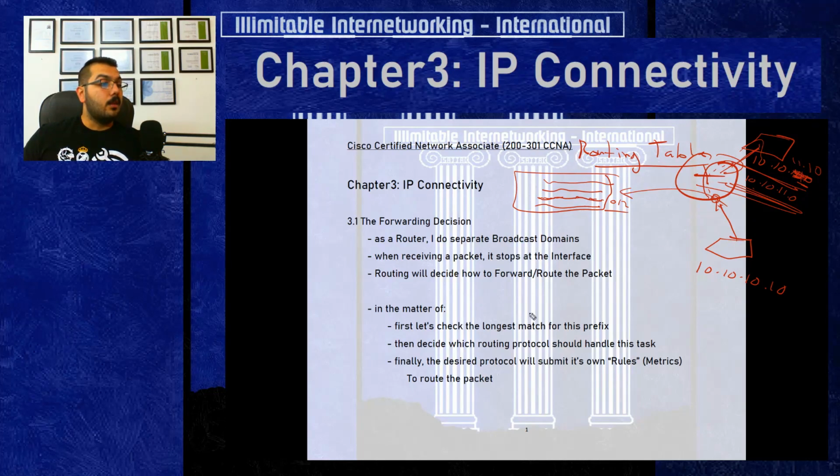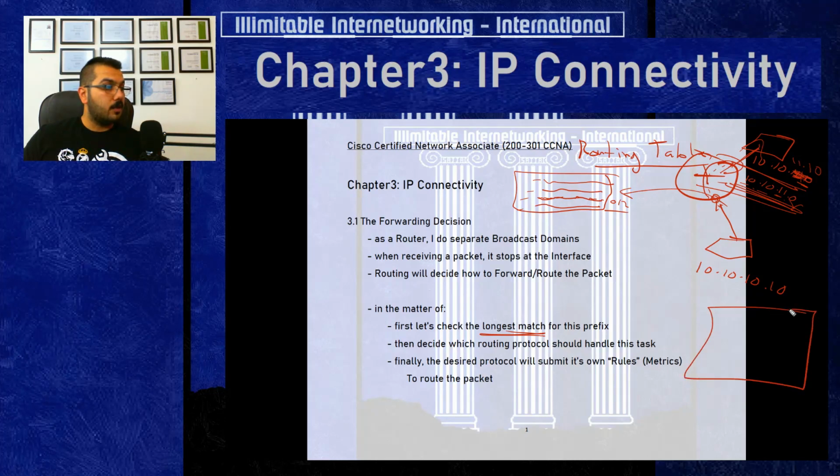So the longest match for the prefix is this: imagine you have installed the prefix 10.10.11.something more than one time in the routing table.